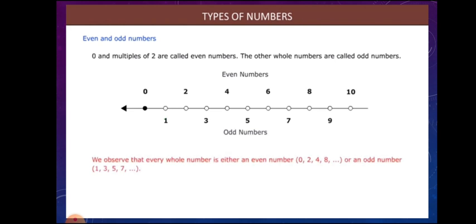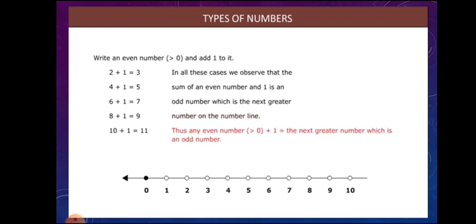So children, we observe that every whole number is either an even number, just like 0, 2, 4, 8 and so on, or an odd number, just like 1, 3, 5, 7. Okay. So types of numbers.